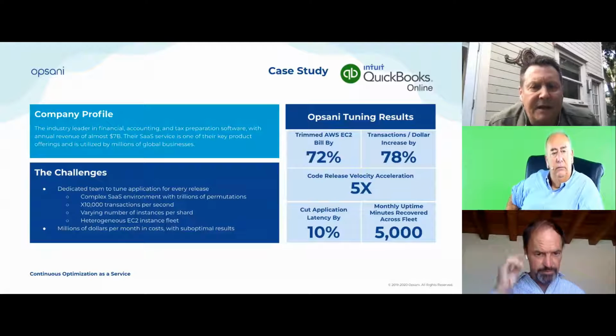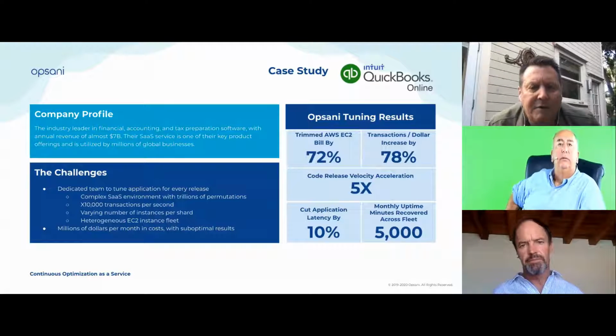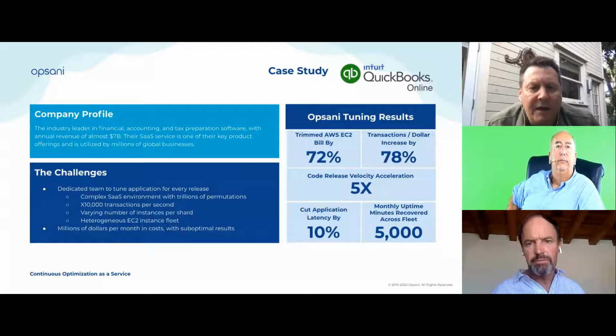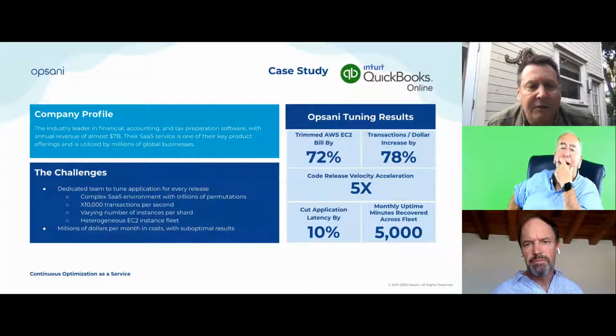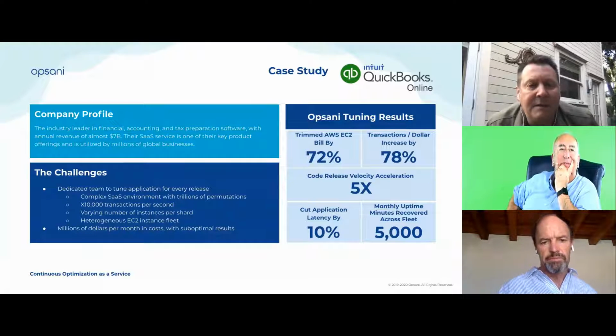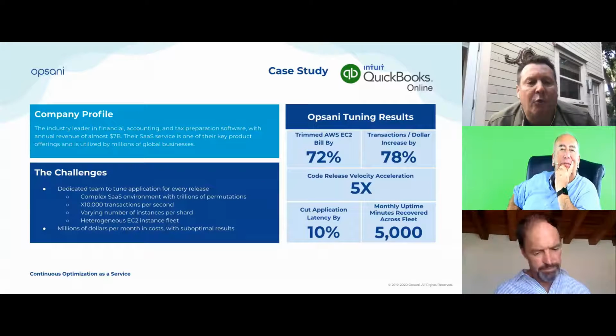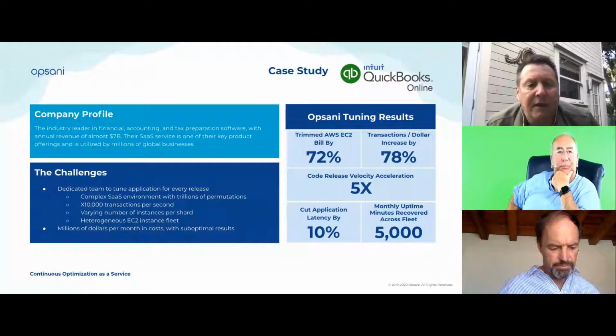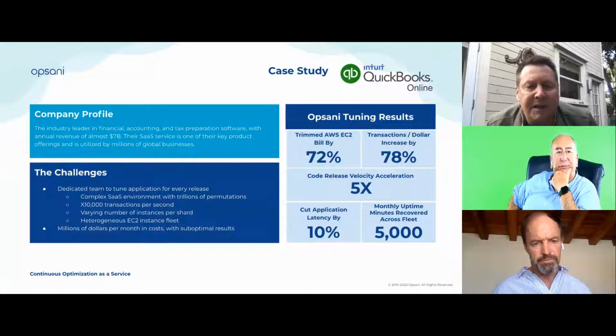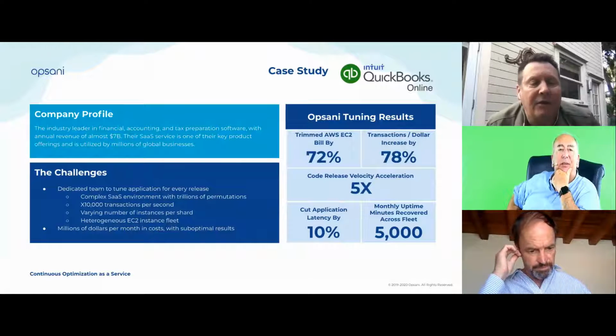Yeah, so this case study is, as everybody can see, Intuit QuickBooks, one of our major customers, and essentially they were doing manual application tuning, and they knew that they didn't have optimization done. They knew that they had a lot more headroom in terms of performance and getting the spend down. Really, I think the key thing was they weren't sure where in the stack they needed to tune. So they came to us saying they knew they needed autonomous automation.